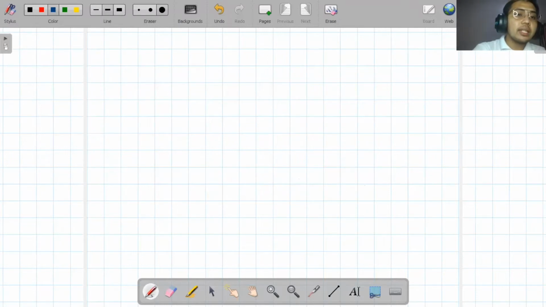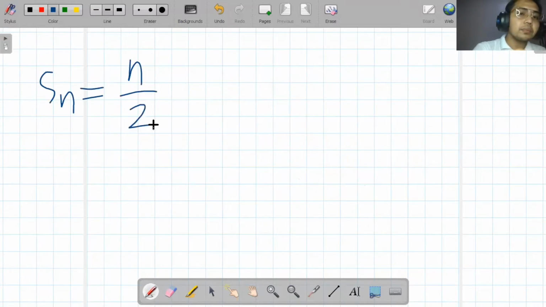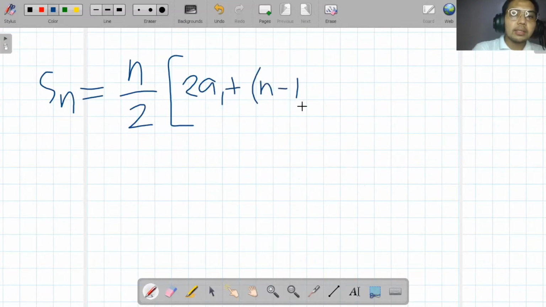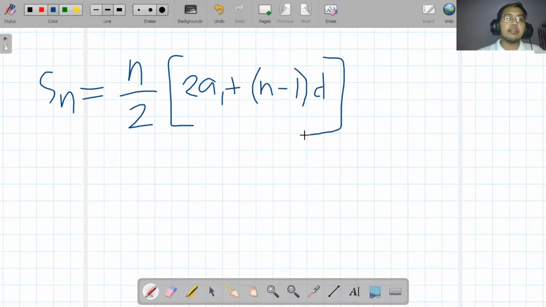The first one is S sub n equals n over 2 times, 2 a sub 1, plus n minus 1 times the common difference. That is if you know the number of terms, meaning kung pila sila kabuok ang ipa-add.